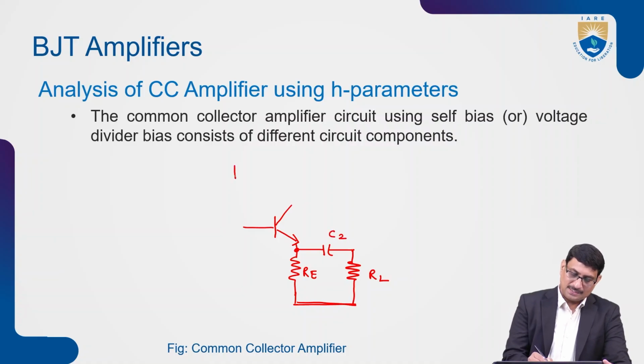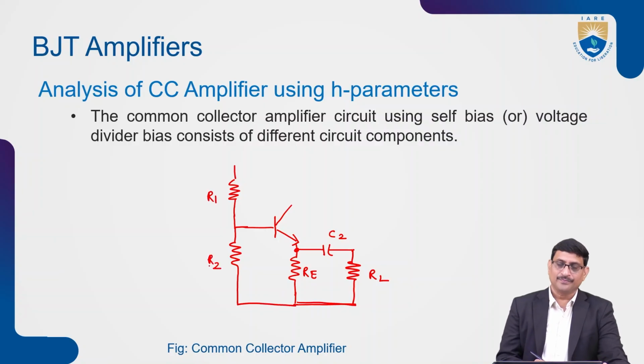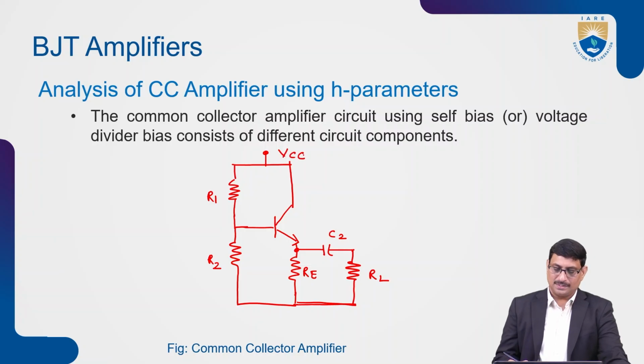Whereas the base is the input, with a self-biasing circuit, a potential divider at the base, which consists of the R1 and R2 resistors. The collector is the common, and I will not connect any resistor across the collector terminal; it is connected to VCC.